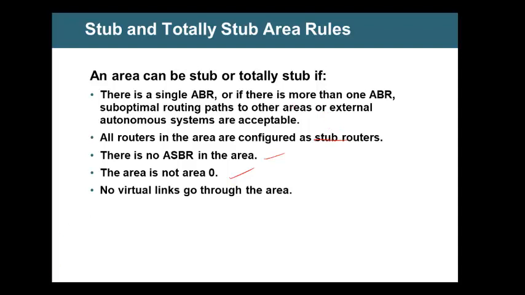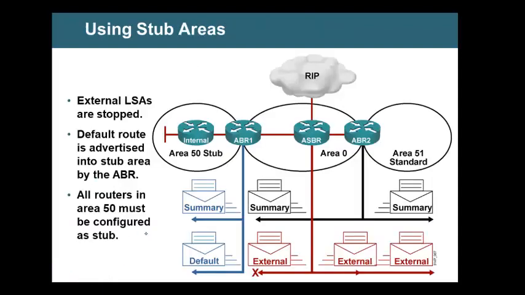Right. Next. See stub area. External is not allowed inside. Instead, what is coming inside? I'm showing here. Default route is coming.